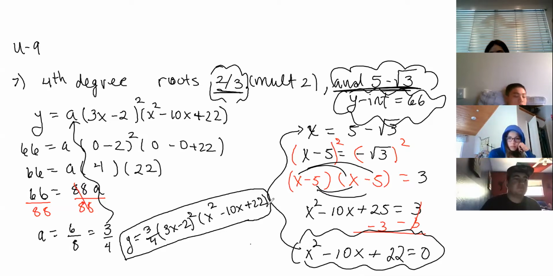Any questions here before I erase? Okay, so unit 9, number 8. Write the equation of a 4th degree polynomial function that has real coefficients.